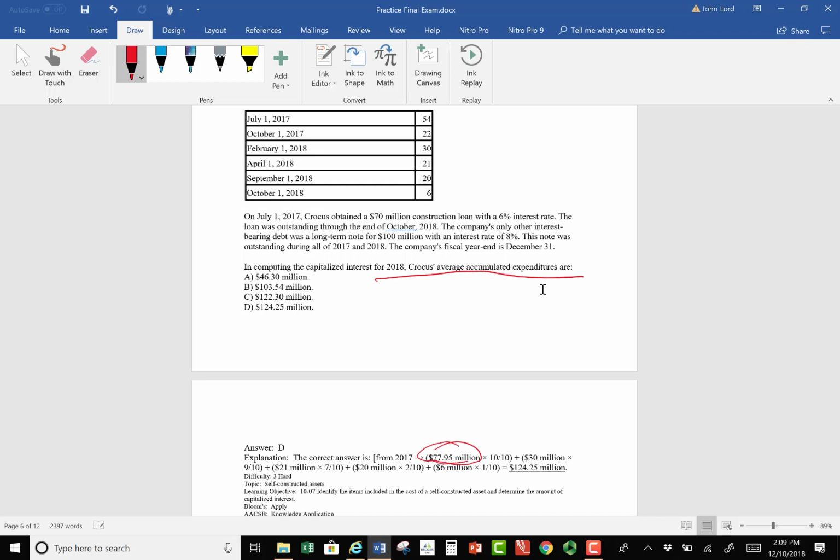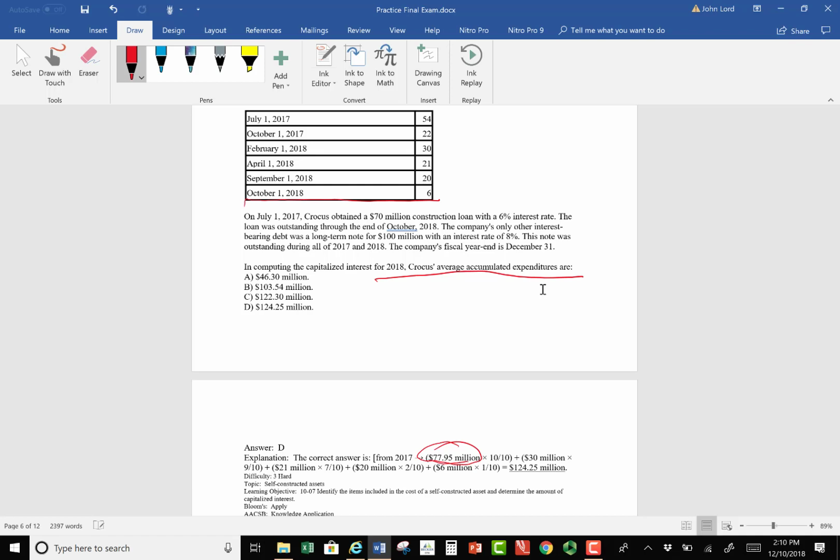And since they finished the construction in October, then that amount's going to be outstanding for what? 10 out of the 10 months of construction, because we only capitalize interest for the period where construction is actually going on. Okay, so since this project ended in October, we are only going to count this as 10 months of actual construction, right?